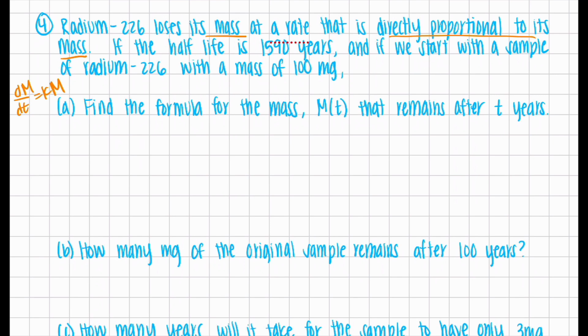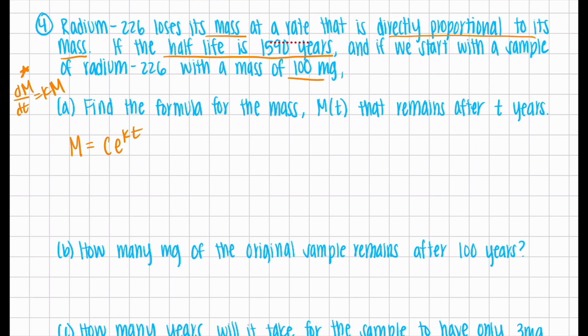So part A, find the formula for the mass m(t) that remains after t years. Well, we know that we have this differential equation, so then we also know that m equals Ce to the kt. So I need to figure out C and k, and that will be my m(t) equation. So to start, let's plug in what we know. They told us that the half-life is 1590 years, and we start with a mass of 100 milligrams.